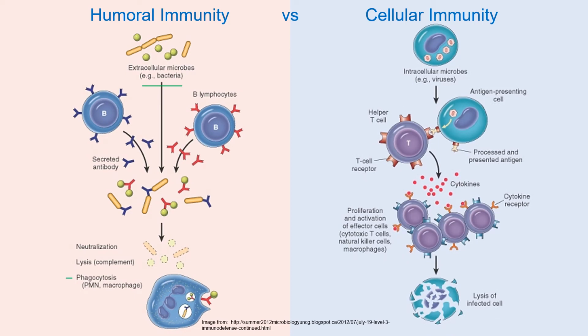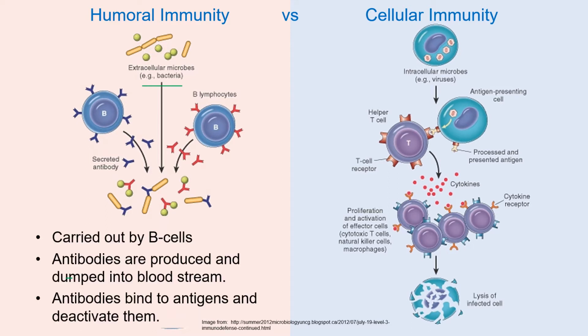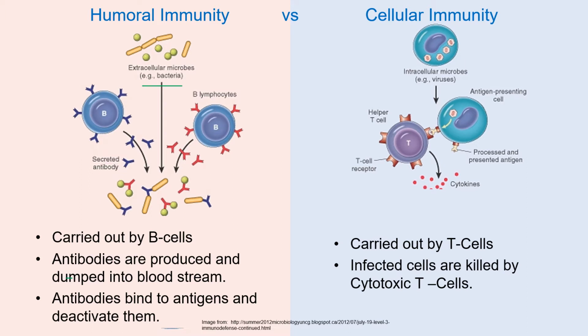Cellular immunity, you can see we have a larger pathogen, and it usually leads to the lysis, or the cytotoxic killing of the infected cell. There's the summary: B cells secrete antibodies, and antibodies lead to phagocytosis usually. T cells result usually in cytotoxic killing.